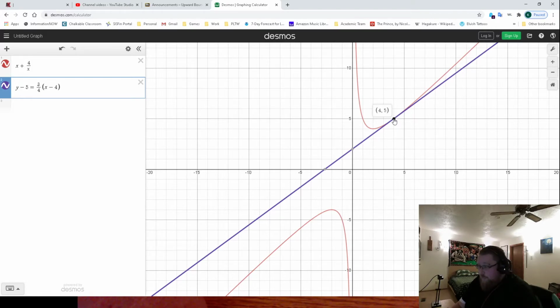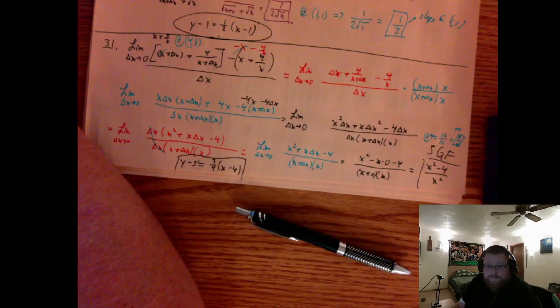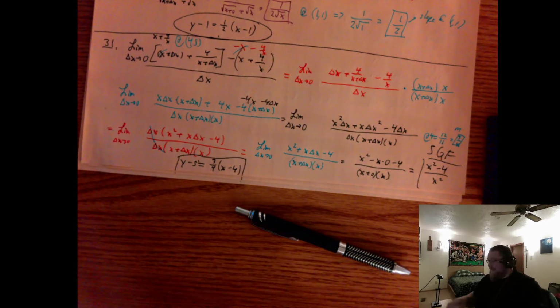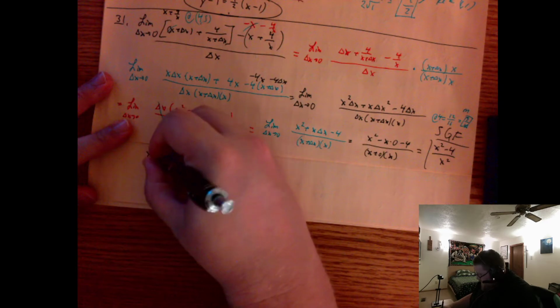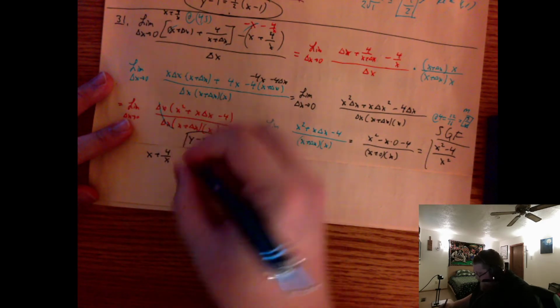Number 32 is done pretty much the same way. The only difference is it's a little simpler. I will say this as we go back. One of the neat things about the calculus part of this is the calculus is independent of the algebra. So my original equation was x plus 4 over x.